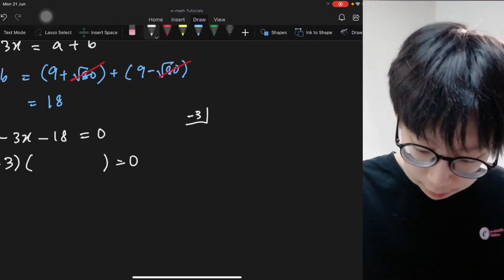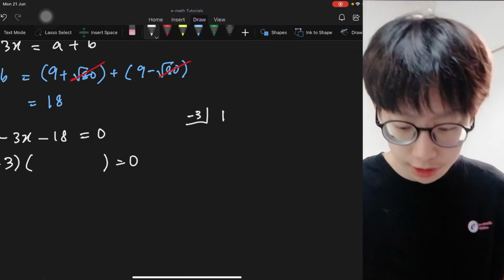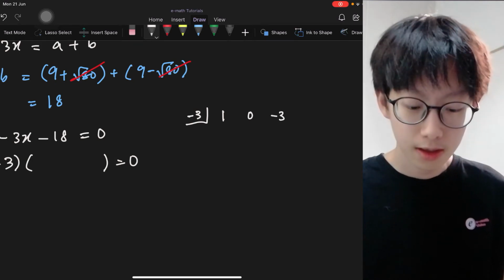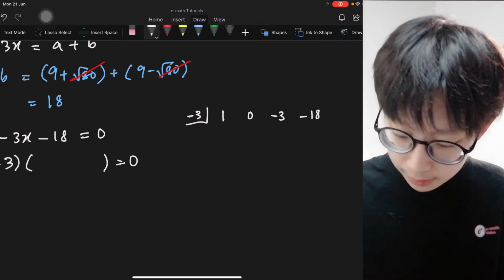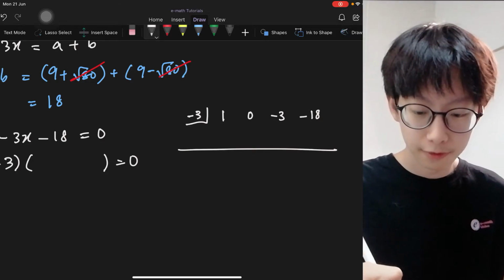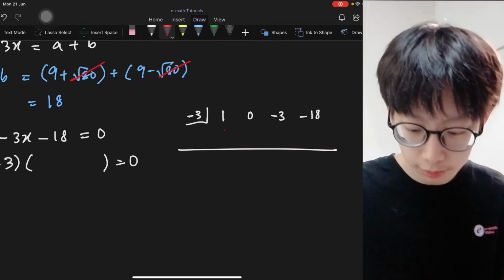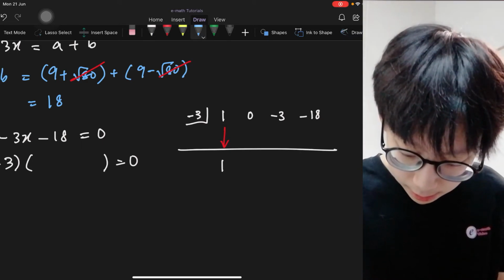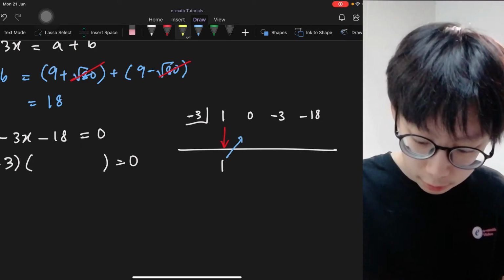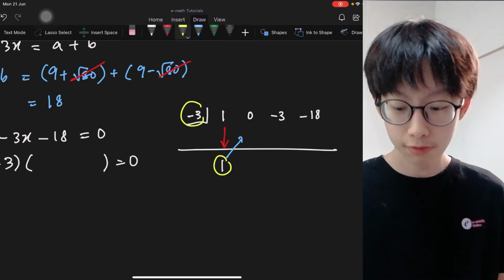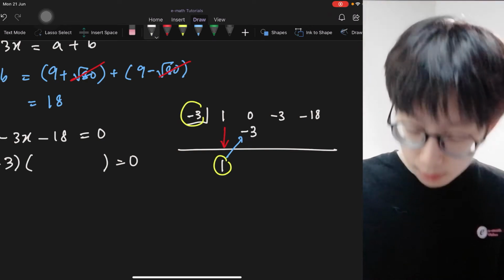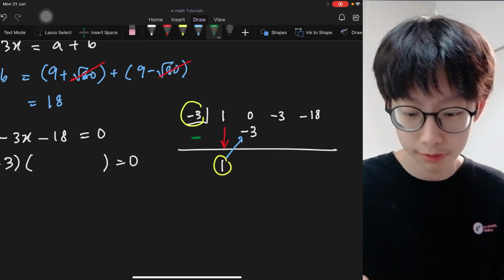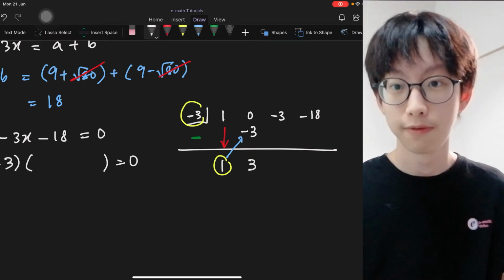For x cubed, the coefficient is 1. For x squared, the coefficient is 0. For x, the coefficient is -3. For the constant, it is -18. Just draw a line. For the first column, don't do anything, just pull down the 1. Then you multiply 1 by -3, which gives -3. Then you subtract: 0 minus -3 gives +3.